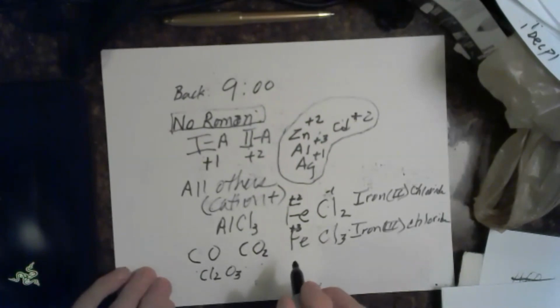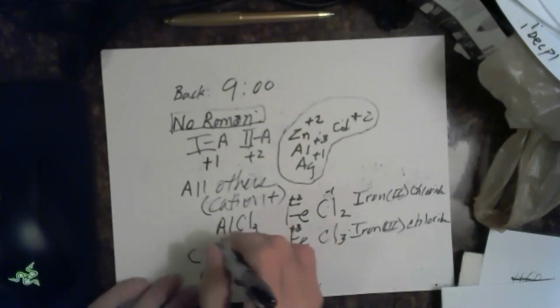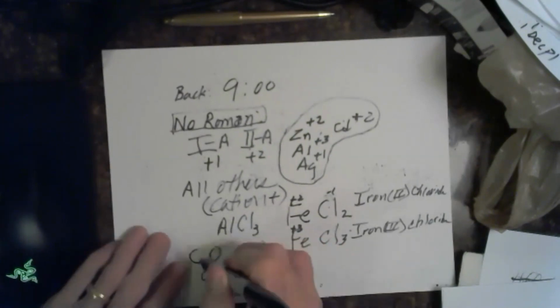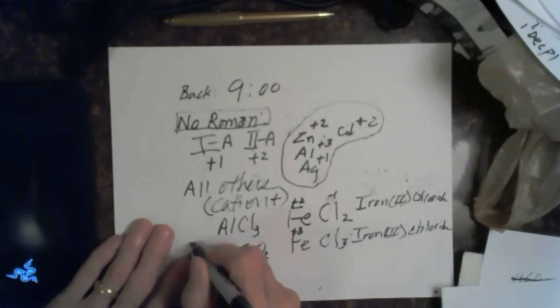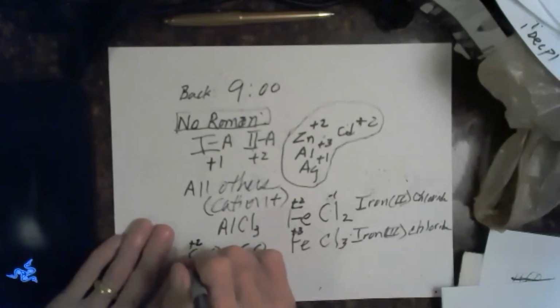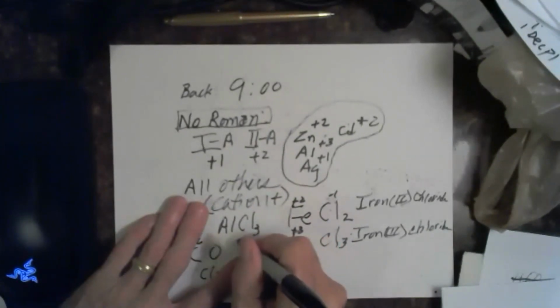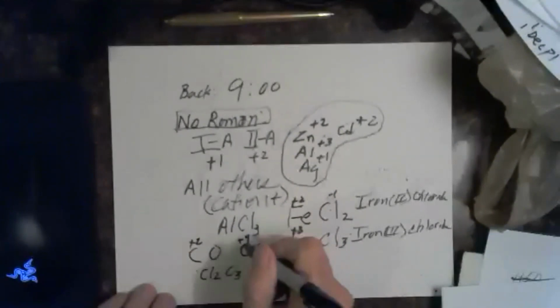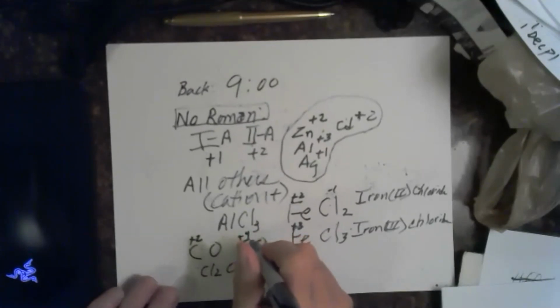Non-metal. Now, I can name these the Roman numeral method if I want to. I could call oxygen -2, so this would be carbon in the +2 form. I could call that carbon 2 oxide. Here, -2, -4, carbon would be +4. This could be called carbon 4 oxide. But most people are going to think you're weird if you do that.